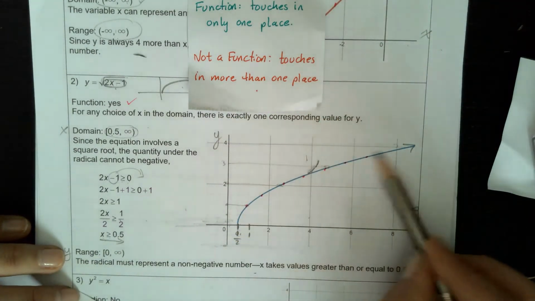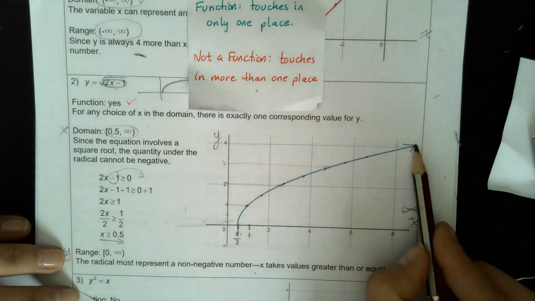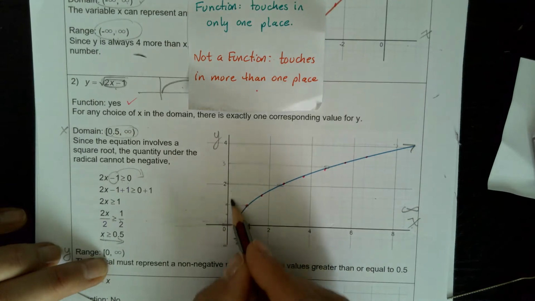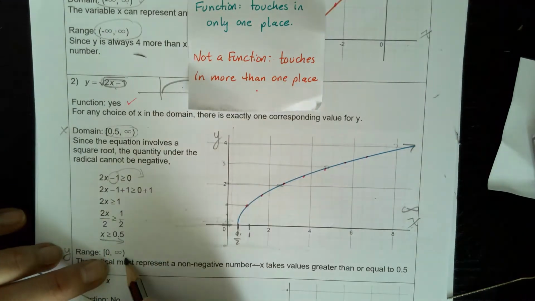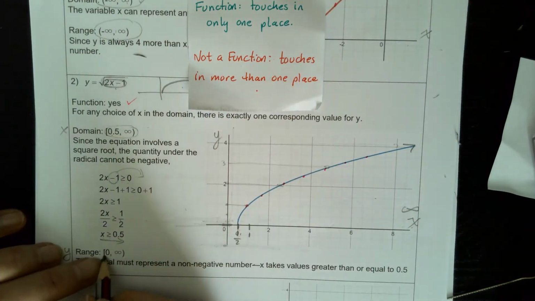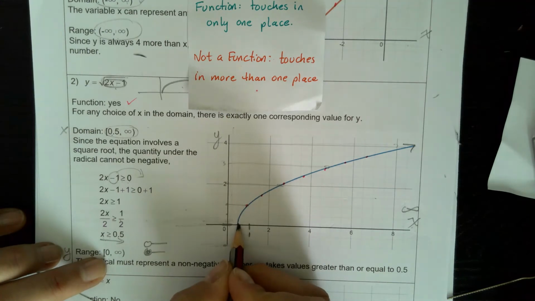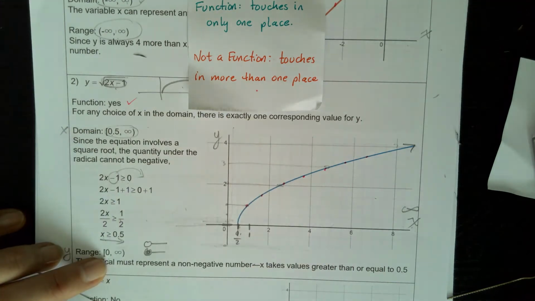So because this keeps going on towards infinity, I say my range has to be from 0 all the way up to infinity. Now remember, we use a square bracket because we don't have any closed circles or open circles. And so we just assume it can be equal to that. Okay?